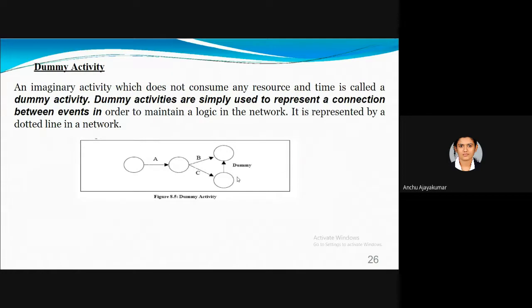Then dummy activity. Dummy activities are those which do not consume any resources, but represent the logical interrelation between activities in a network. Dummies are provided to show the logical interrelationships.